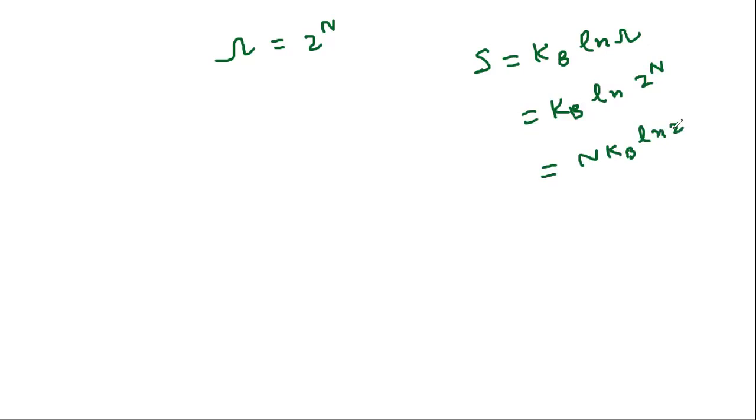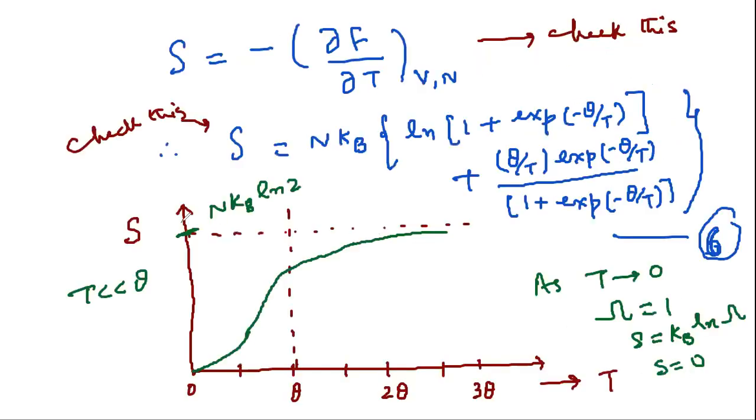Because sigma is 2 raised to the power n, so log m raised to the power n is n log m. So you get the value for S as n kB ln 2, which is the maximum value of S to which this curve is approaching. You can get this result from this expression also, equation 6. You can check that as an exercise also.